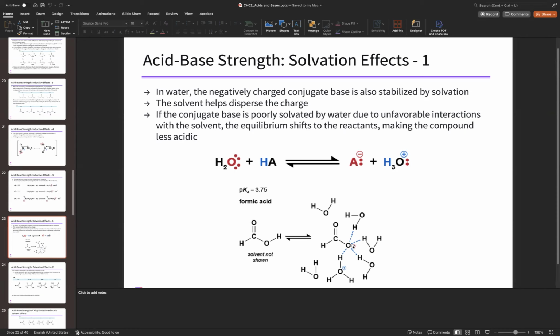Now, if you dissolve this compound in water, water will form hydrogen bonds around that oxygen. Even though it's a very small conjugate base with a lot of negative charge here that is not being stabilized by the presence of an electronegative atom, all right? By elongating this chain and adding a chlorine or a fluorine, we would think that is what's needed to stabilize this.